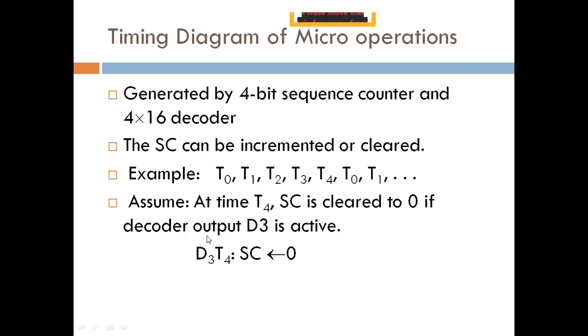So what is the meaning of this statement? At the time of T4 the sequential counter is cleared to 0 if decoder output D3 is active. Okay, so only in that condition, at the time of T4, the instruction is completed.